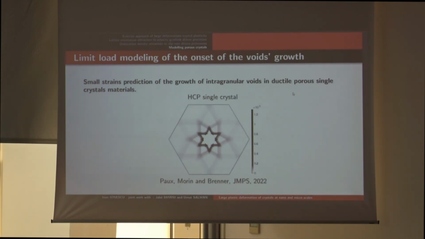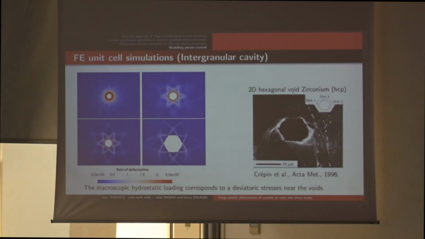You can see here, even if the deformation of the volume is very small, the deformation of the void is very large. Here, the deformation around the void is very large. And here you have the result of this model, which covers the initial onset, and little by little you obtain this form, which is a hexagonal form, very close to what we see experimentally.